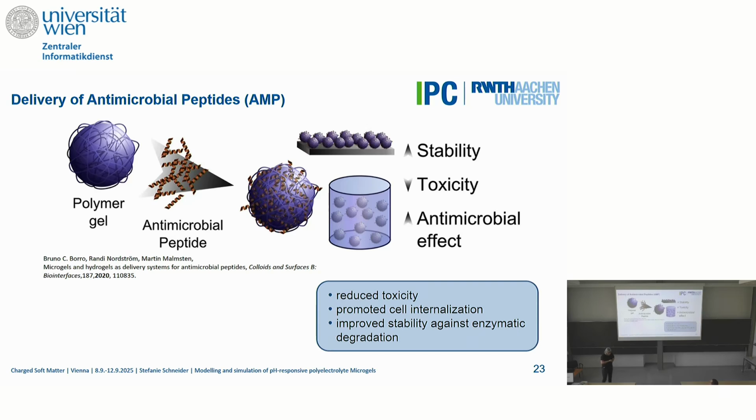And Martin Malmsten's group in Copenhagen actually looked into how microgels or polymer gels can be used for delivery of these antimicrobial peptides, and found that the toxicity is reduced and also the stability of the antimicrobial peptides is improved.